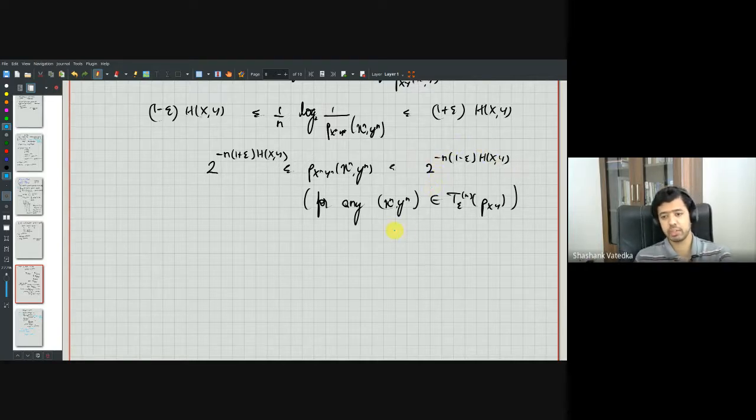The size of the typical set is roughly 2 to the n times H of x comma y. So the product is roughly close to 1, which is what we would expect, right? Otherwise things would go bad. If the size of the typical set were something much less than 2 to the n times H of x comma y, then the typical set would not be a high probability set. All right.